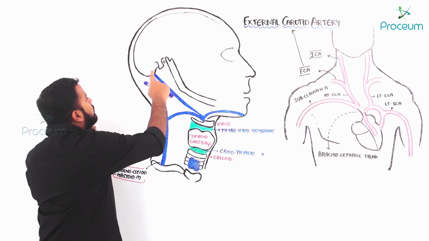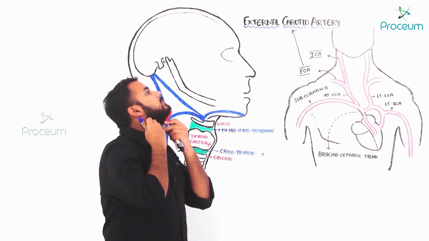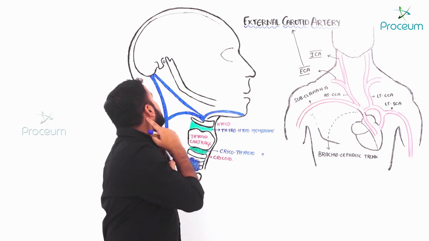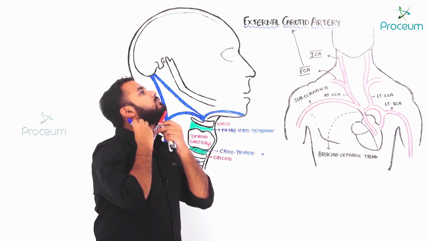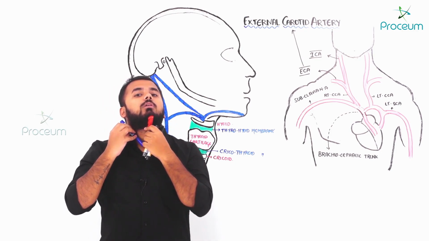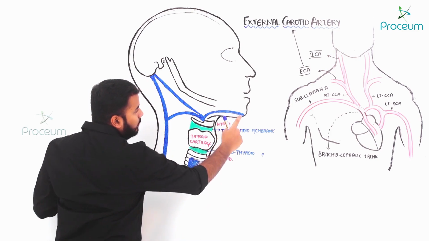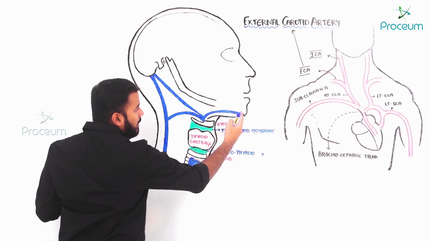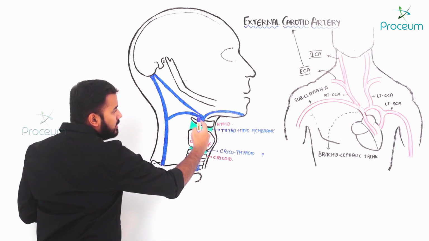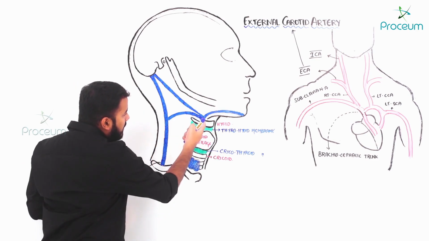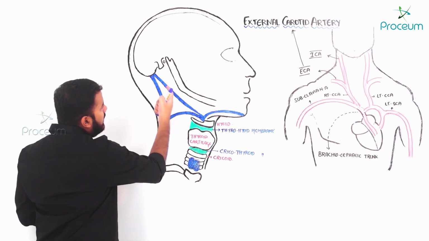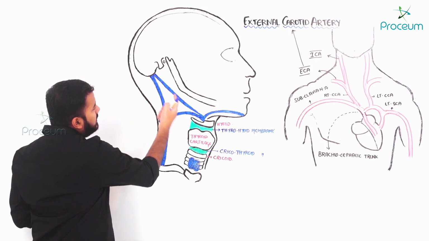So this is your mastoid process over here. It attaches to your mastoid bone. So one muscle: the first part starts from the mental process and attaches to your hyoid bone, and from the hyoid, it goes and attaches to the mastoid, the second part.